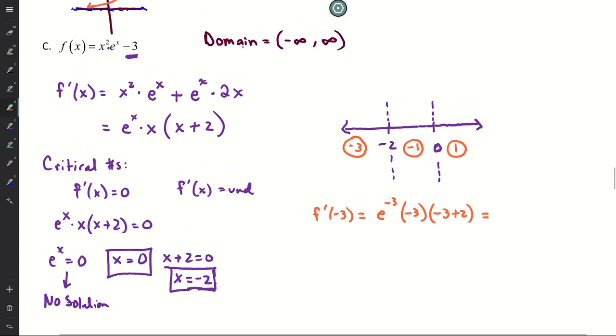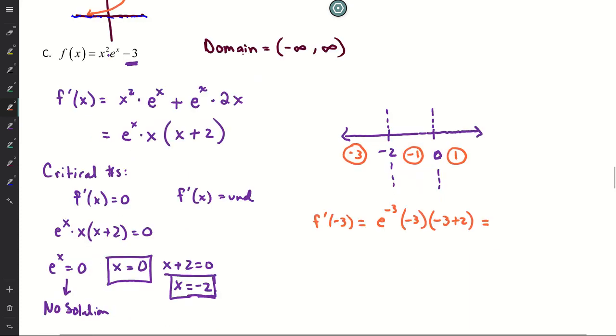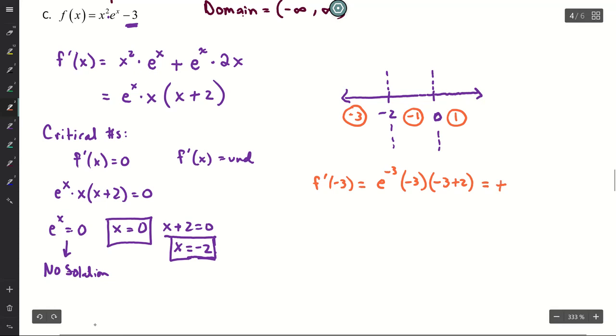E to the -3rd, we notice from the graph that the entire graph is up above the x-axis, so it doesn't matter what power I put in, e to a power will always be positive. Obviously -3 is negative, and then -3 plus 2 is going to end up being negative. So I have a positive multiplied by 2 negatives, that would end up being positive. So in this region, my derivative is positive, which means I'm increasing.